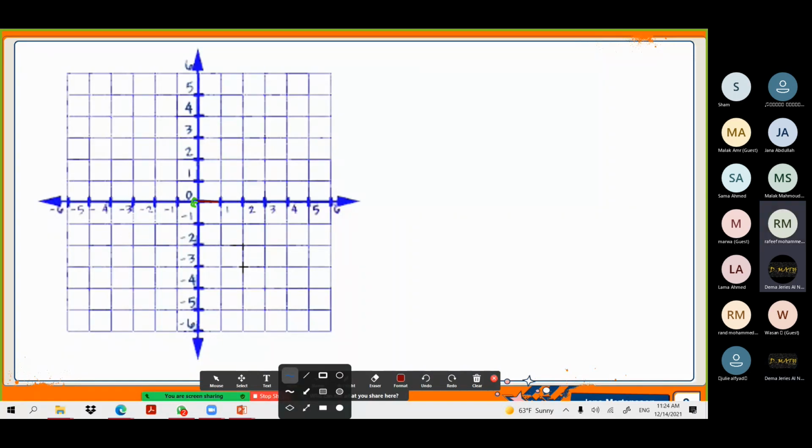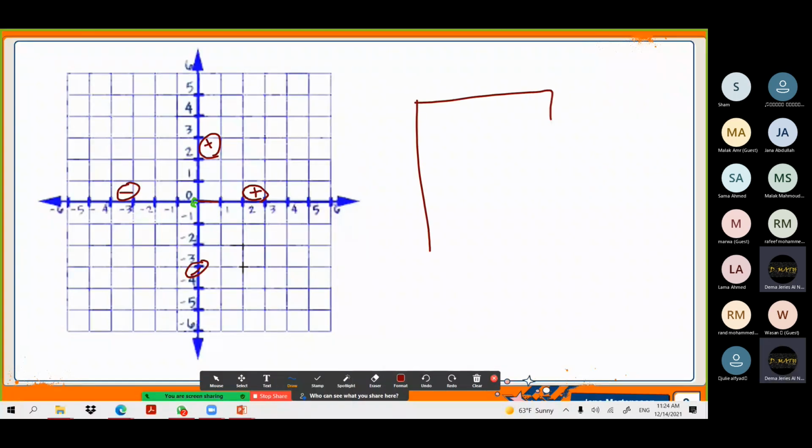Positive. And down from 0, down from the origin point, negative, of course.